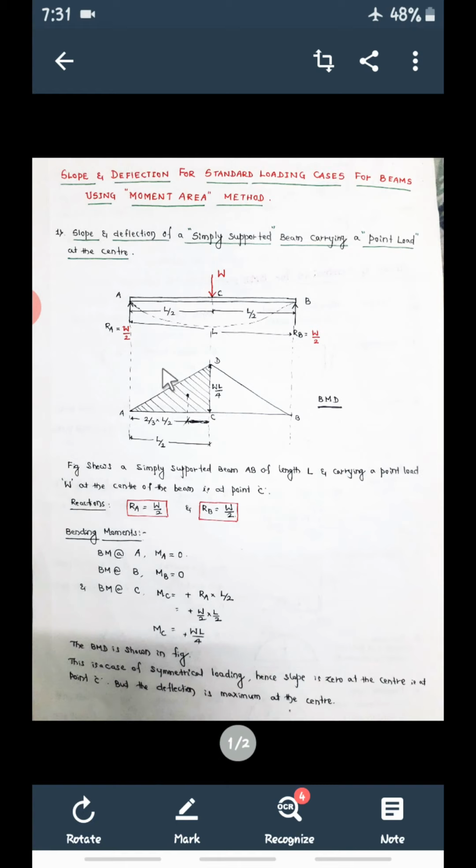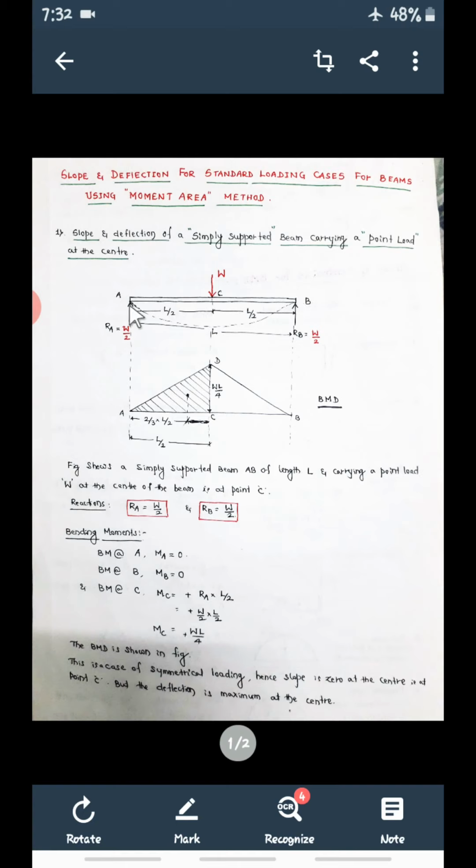Now another important thing is, first we'll find out the slope. Now remember, for a simply supported beam, whatever may be the load, at the two simple supports, slope will be there, but deflection will be 0. No deflection, but slope will be there. Means slope at A is there.